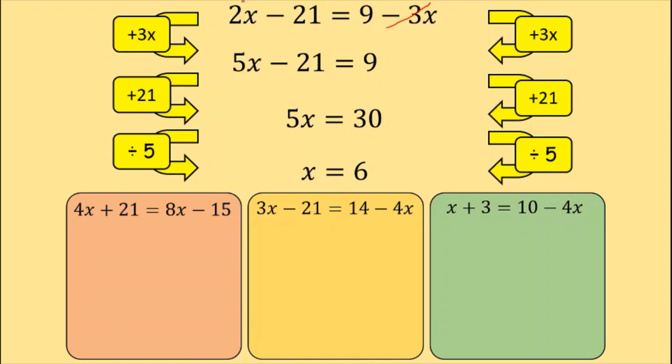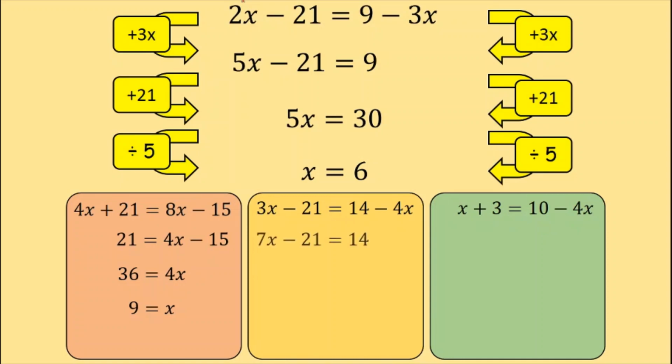Okay, the red question. We should have subtracted 4x, added 15, and divided by 4. The second one, we should add 4x to get rid of the minus 4x, leaving me with this. Then I'm going to add 21, and then divide by 7.